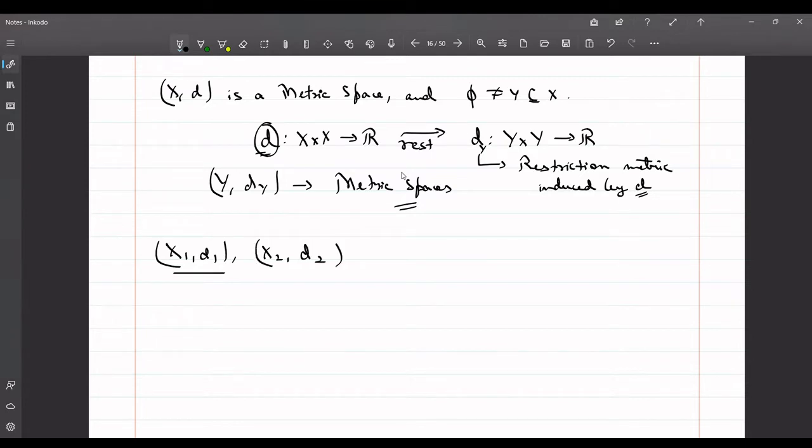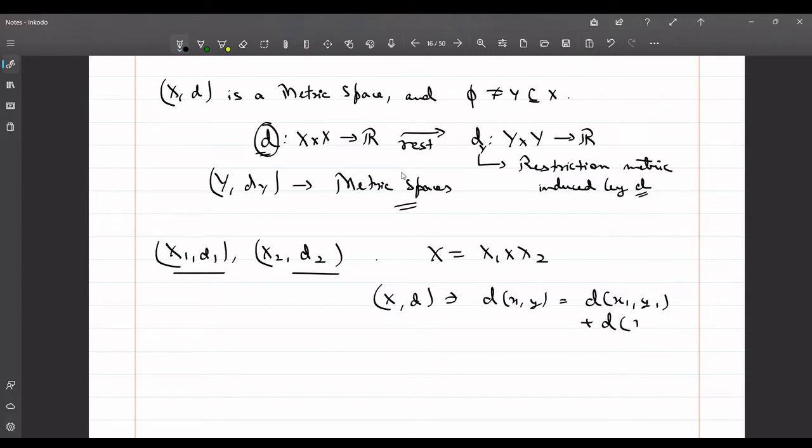Using these two metric spaces, you form a new set X, which is X1 cross X2, and you declare a function d on X such that d(x, y) equals d1(x1, y1) plus d2(x2, y2).